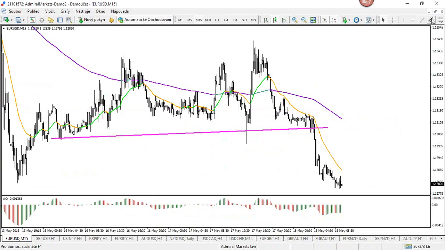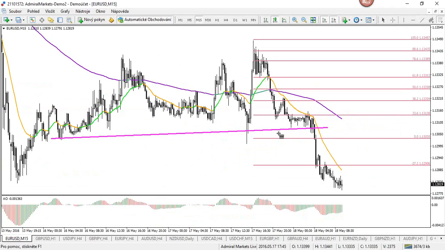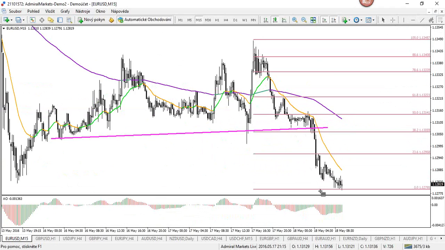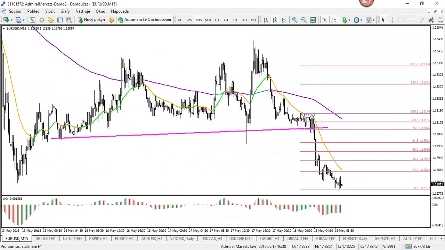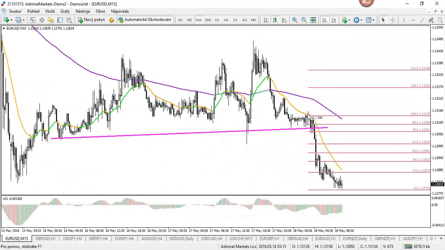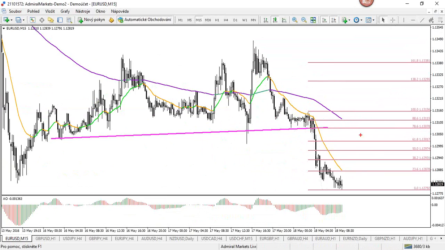I think an entry, if it does retrace back to, well, obviously the 78.6 fib would be wonderful, right? But even the 61.8, any of these 3 fibs could be great. Or even the 38.2, any of these fibs, to be honest, gives a discount.